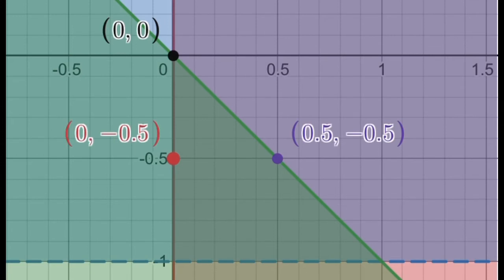But if I say 0 and -1, what do you think? Does this point satisfy the shaded region? No, because that line is a dashed line. Or 1 and -1 also does not satisfy the shaded region.